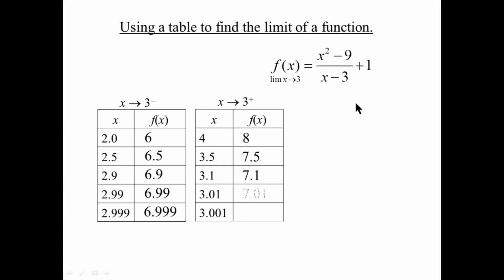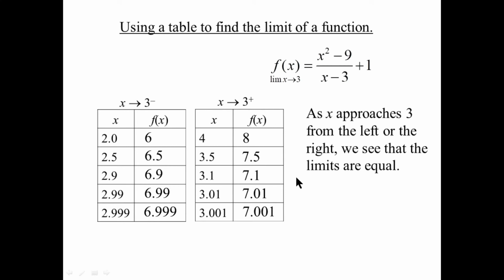Check some of them for yourself. Don't take my word for it. And we see that, yes, as x approaches 3 from the right, it looks like the function is approaching 7. As x approaches 3 from the left, it looks like the function is approaching 7. And so we can make the statement. As x approaches 3 from the left or the right, we see that the limits are equal, so we can say the limit as x approaches 3, with no proviso, of f of x equals 7.